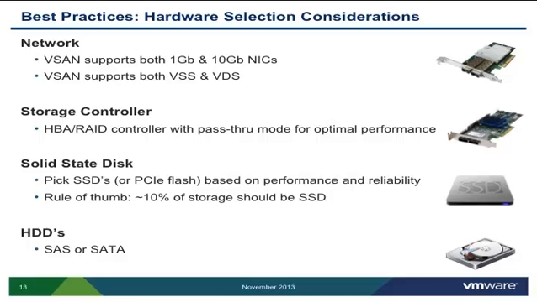We're building a HCL or a VMware compatibility guide. And by GA, we should have a good list of all of the storage controllers that we support with VSAN and how well they perform. We're also grading solid-state drives. So we're going to class solid-state drives based on their performance and how well they work in VSAN as well. So all of that will be on the HCL, and then HDDs we don't really care too much about.